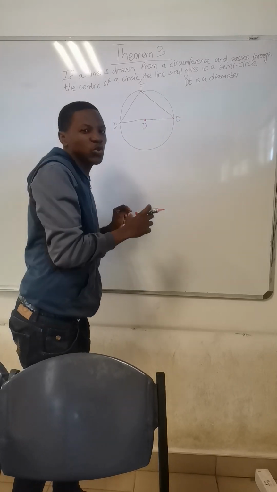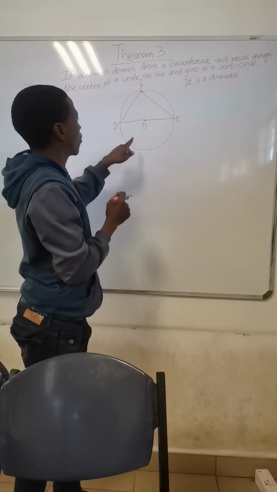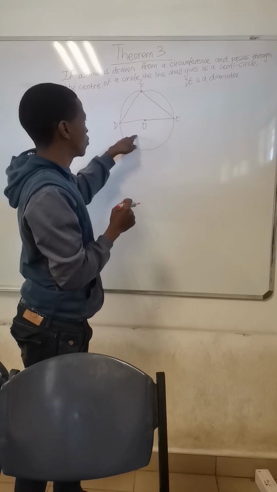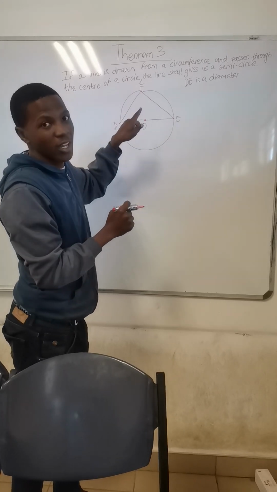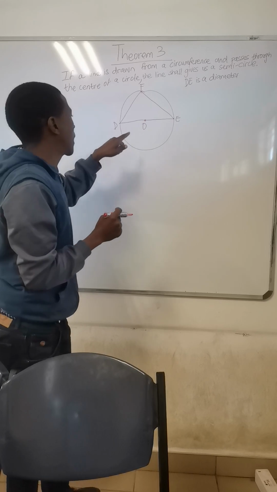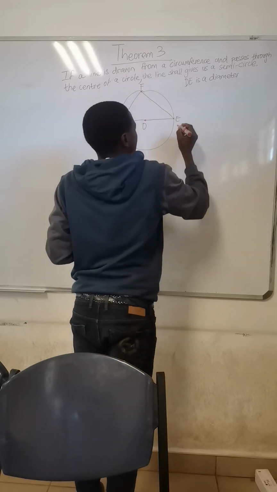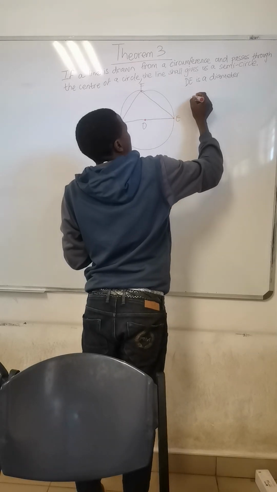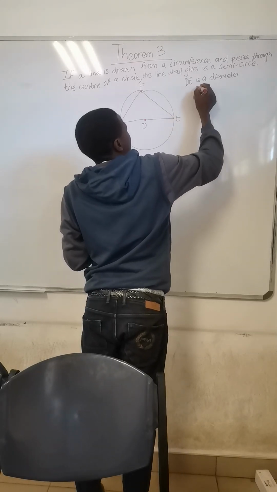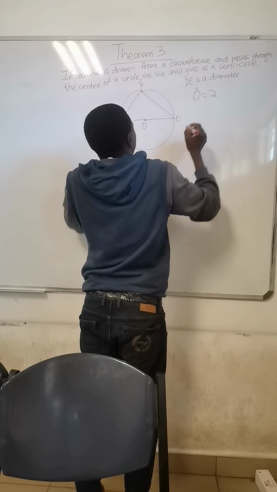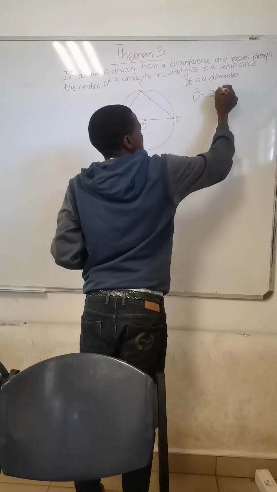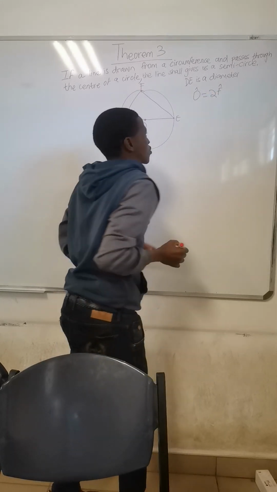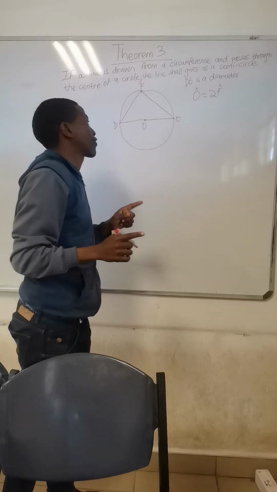So I'm going to use an equation of theorem 2 to prove theorem 3, whereby it says an angle at center is double the one that is in the circumference, is twice the angle in the circumference.